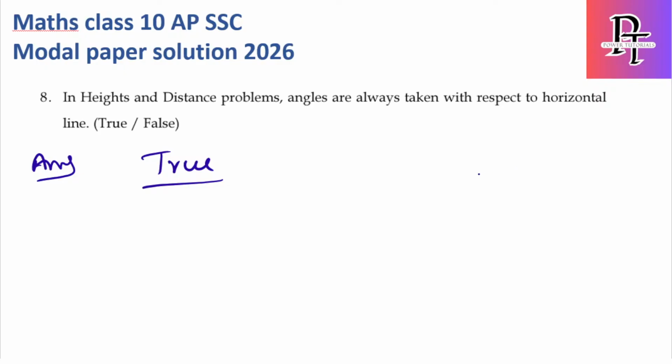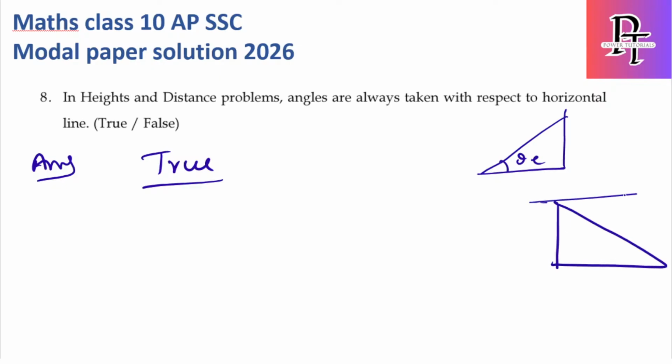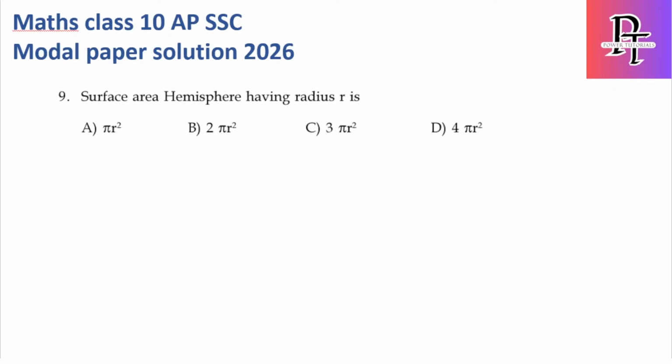Why? Because angle of elevation is measured with respect to the horizontal. This is the angle of elevation. What about the angle of depression? It will be like this. Both are taken with respect to the horizontal, hence the answer is true. Okay, next one.